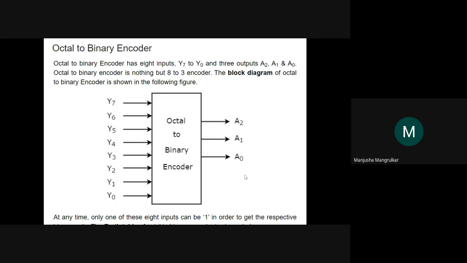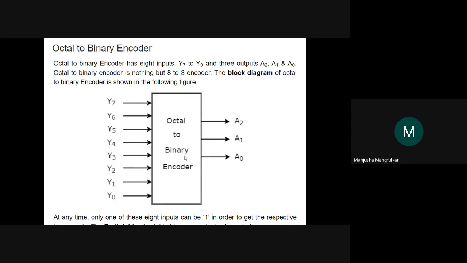So n is equal to 3, since 2 to the power 3 is equal to 8. So the 3 will be the output, that is A0, A1, A2. Right? So octal means 8 inputs are there, and three outputs. So this binary encoder is called an 8 to 3 encoder.